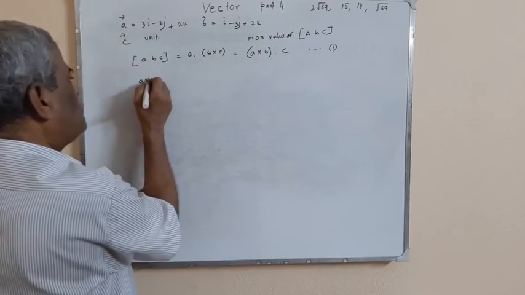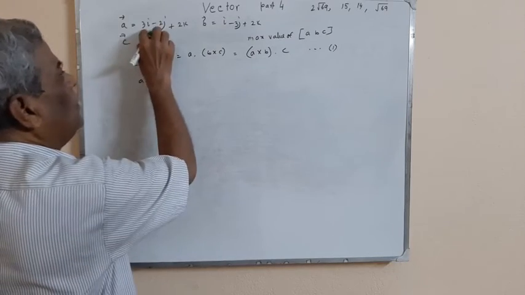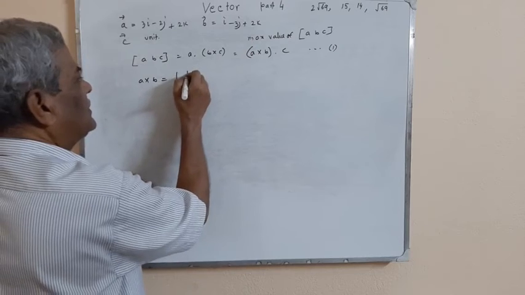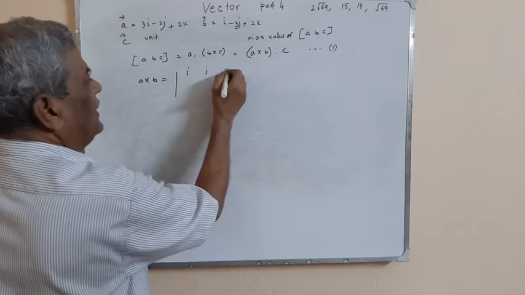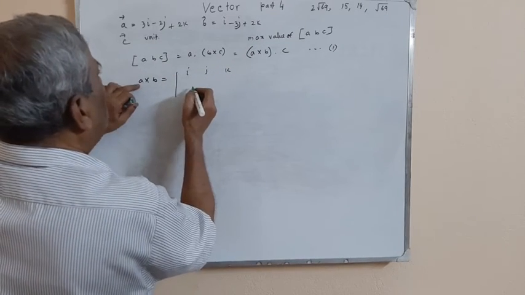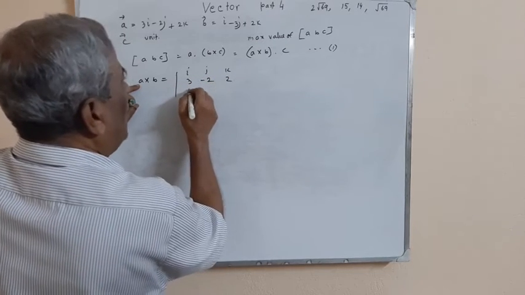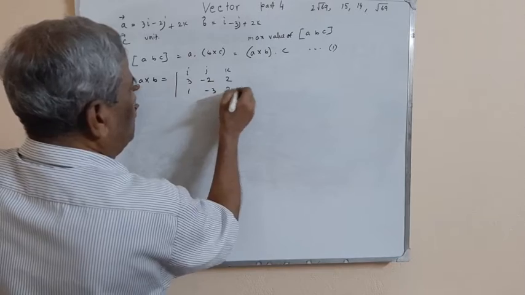Now, A cross B, its components are given. It can be obtained by using the determinant with components of A: 3, minus 2, 2, and 1, minus 3, 2.